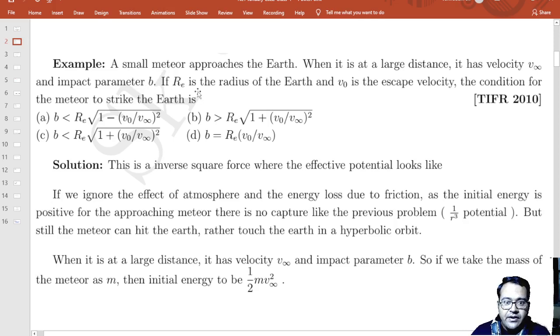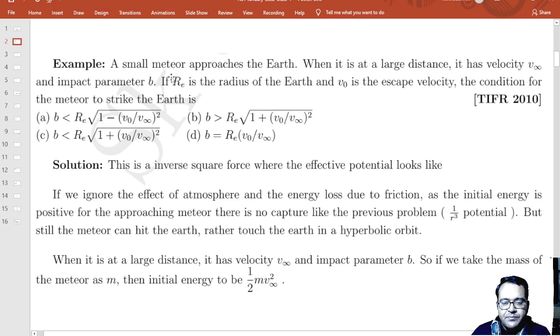If Re is the radius of the Earth and v0 is the escape velocity, this will have a relation with escape velocity. The condition for the meteor to strike the Earth is this. This was asked in TIFR 2010, and this is a very important problem with practical implications.